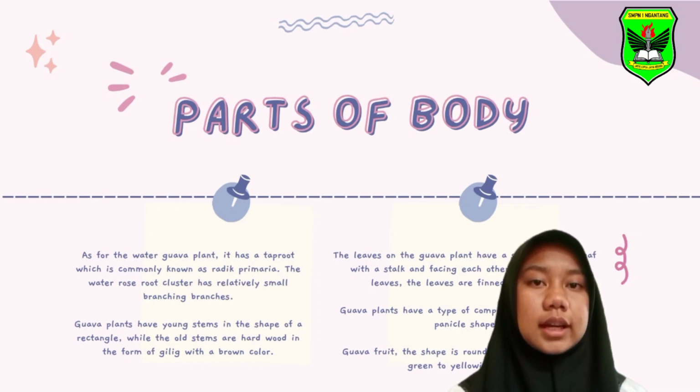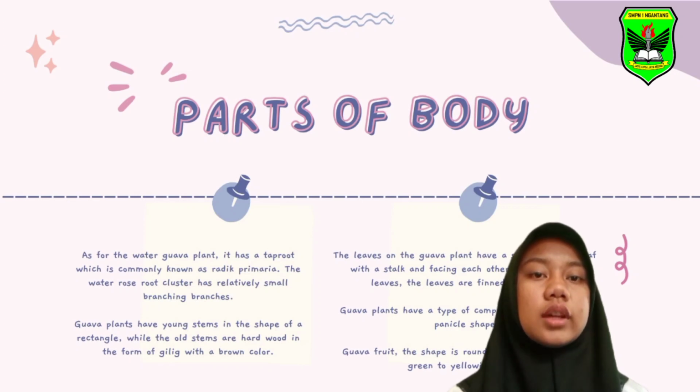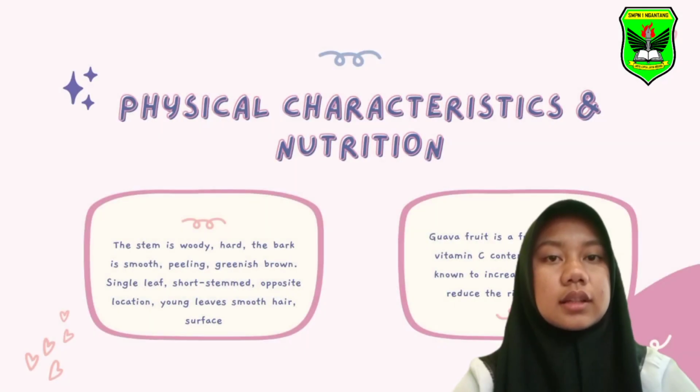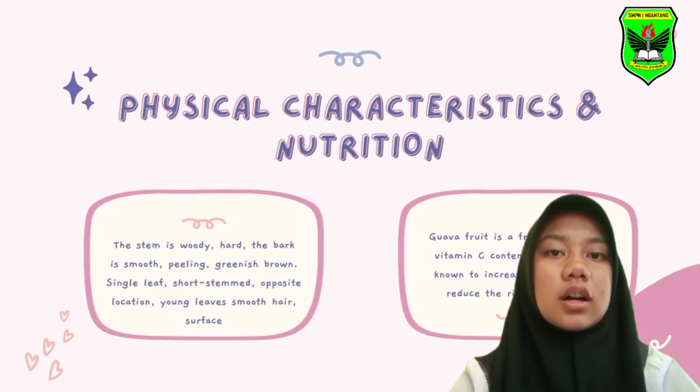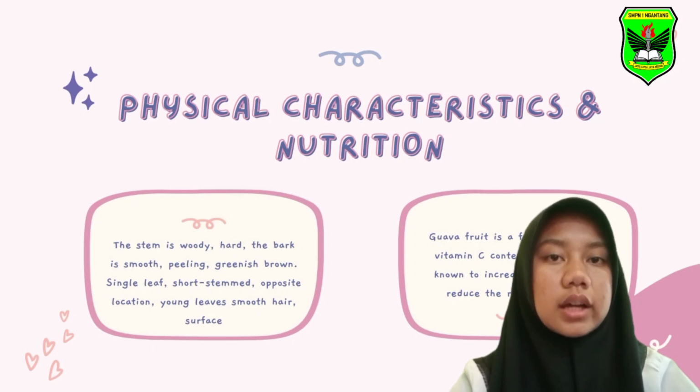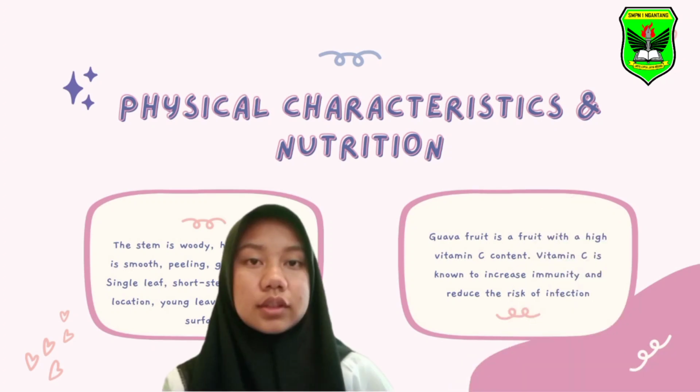The guava fruit is round, and the color is green to yellowish green. The physical characteristic of the stem is woody and hard. The bark is smooth, peeling, and greenish brown. The single leaf is short and smooth, with opposite placement; young leaves have a smooth, hairy surface.